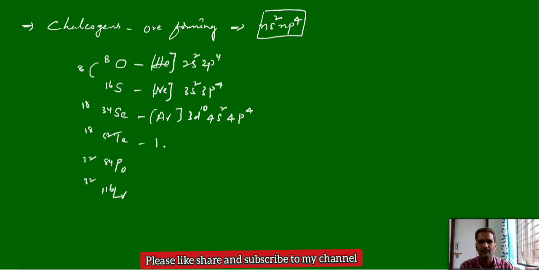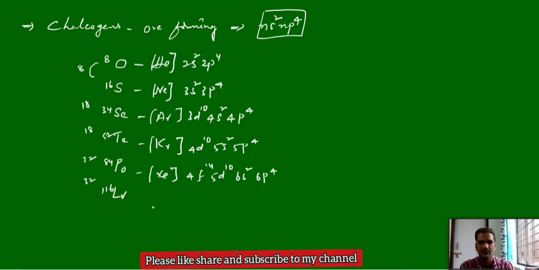Next tellurium: krypton 4d10 5s2 5p4. And polonium: xenon 4f14 5d10 6s2 6p4.